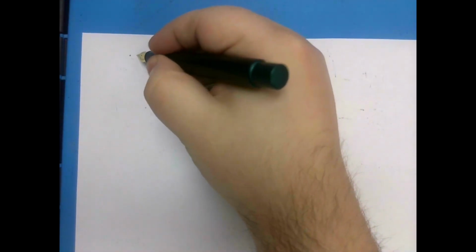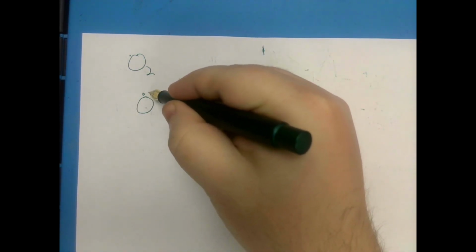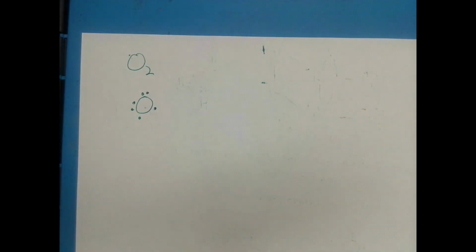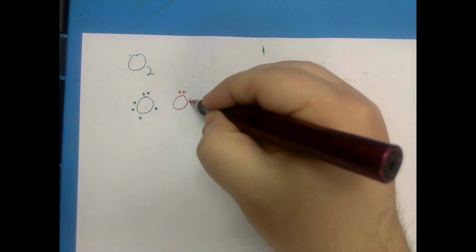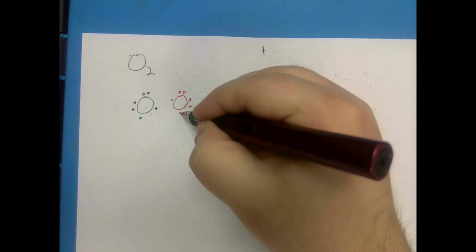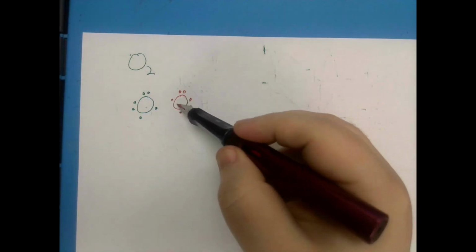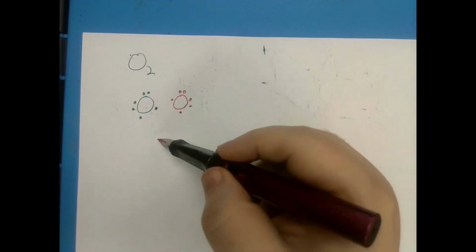So let's look at O2. That is oxygen. What does this Lewis dot look like? 2 oxygen atoms with 6 valence electrons each. So we have there's 1, there's the other. They're going to share electrons. How are they going to share it? This oxygen needs how many? So this oxygen is going to share 2 with it.